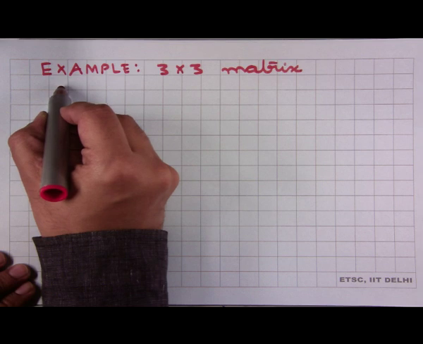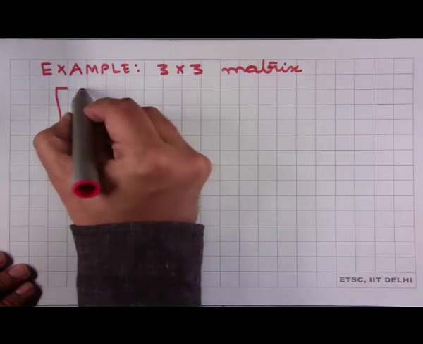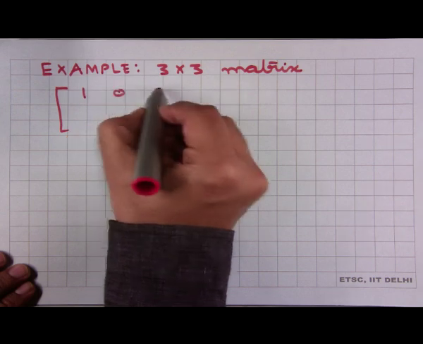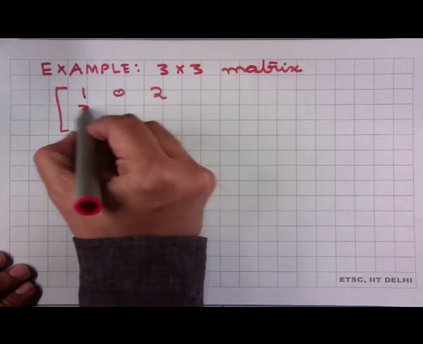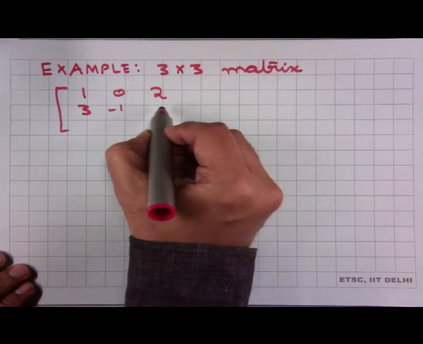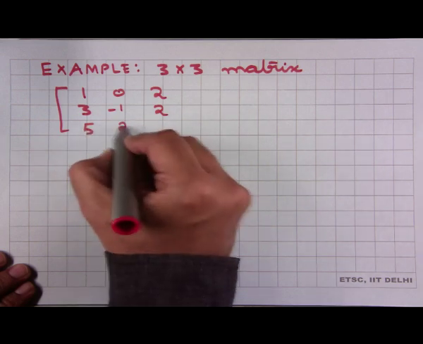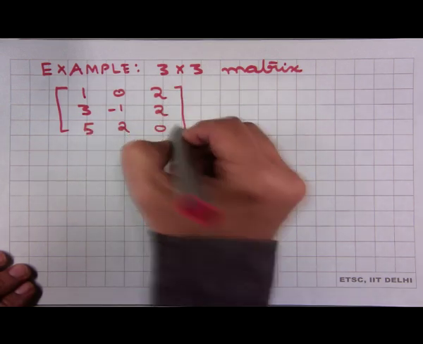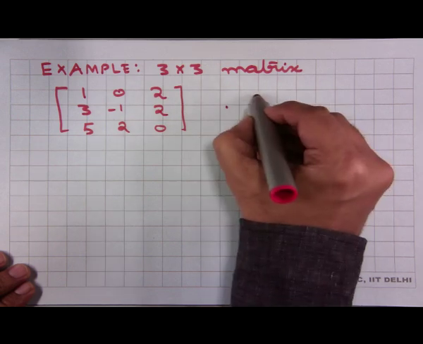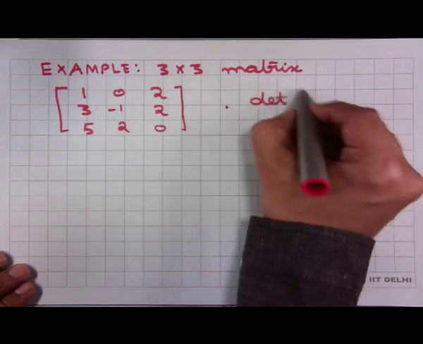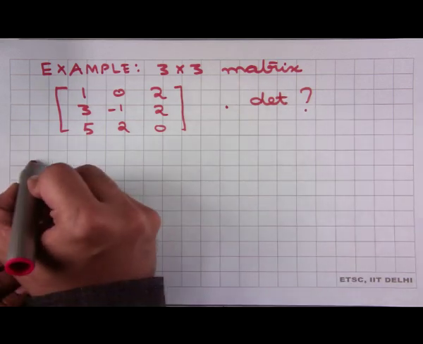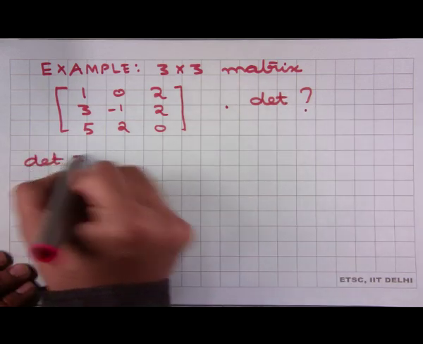So, the 3 by 3 matrix that we have here has the entries 1, 0, 2, 3, minus 1, 2, 5, 2 and 0. So, the question here is what is the determinant? How will we calculate the determinant?